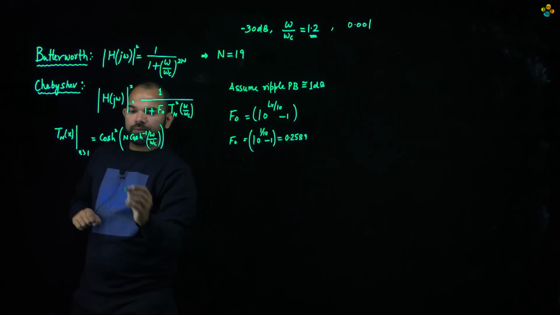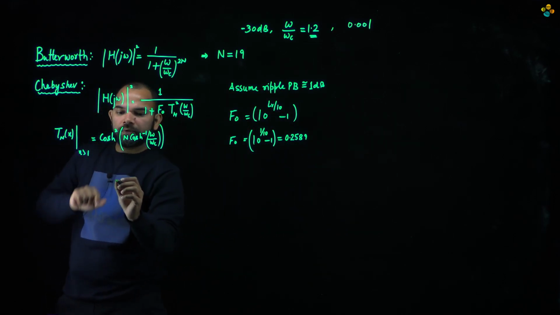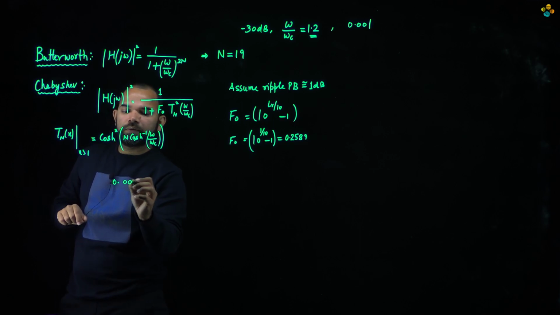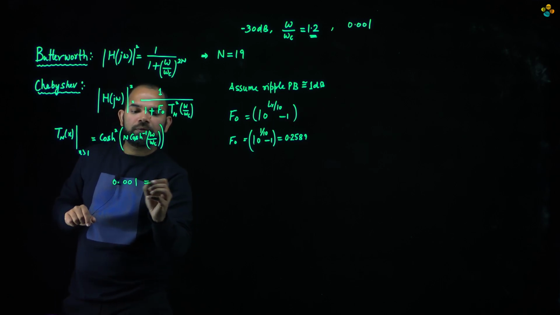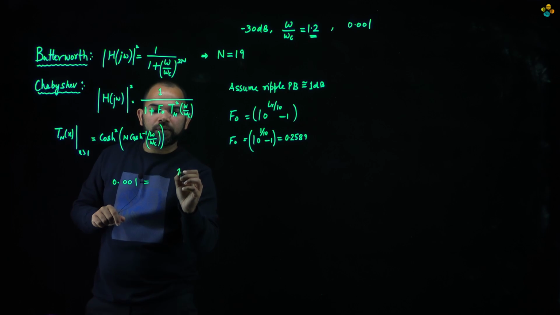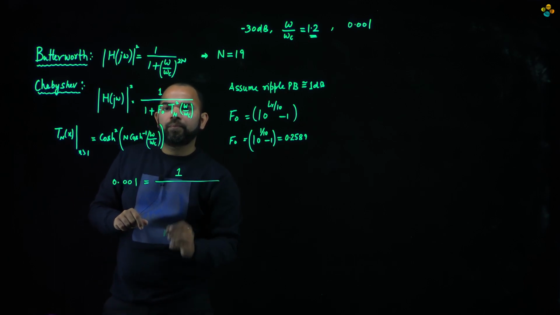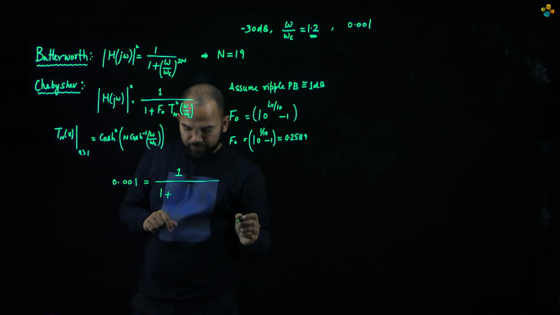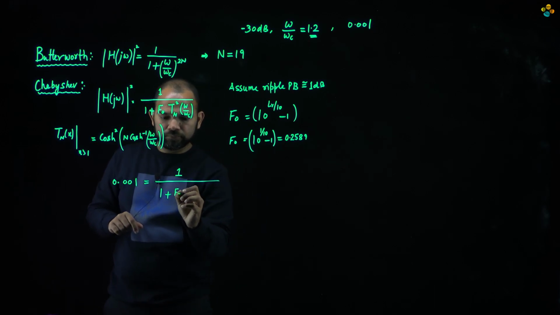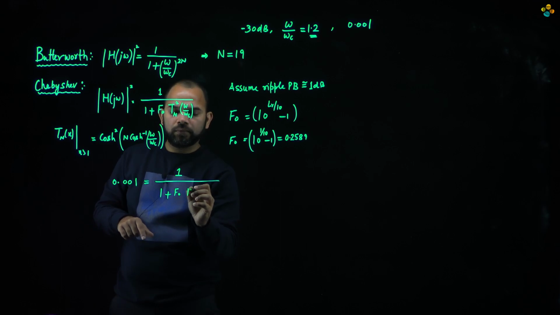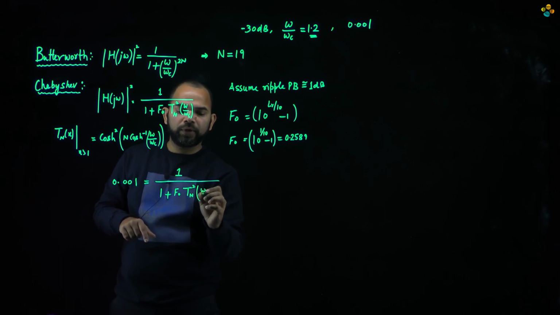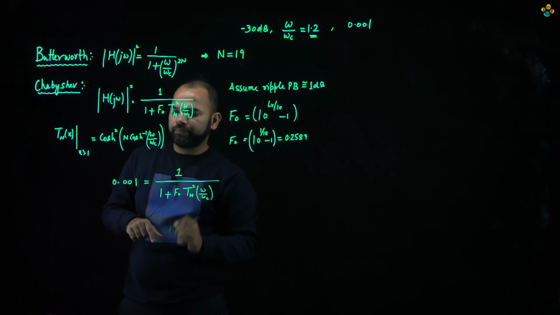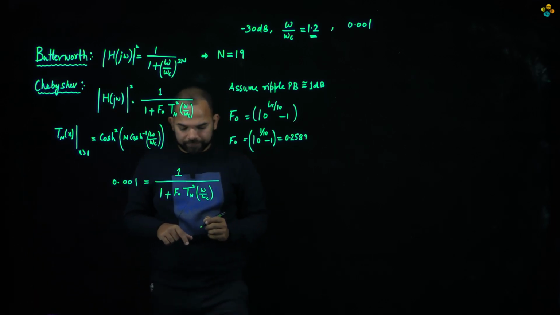So let's put this in this equation. So this is equal to 1 over 1 plus f naught and Tn of omega upon omega c. Okay?